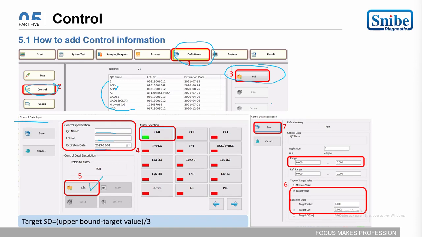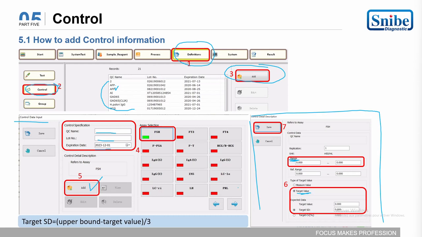Then the other important information you need to add: click add, and this window will appear to add the range of your quality control from the insert of the quality control, the normal range, the target value, the target SD, and the target CV.